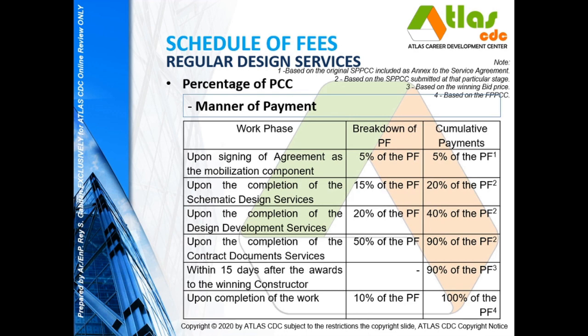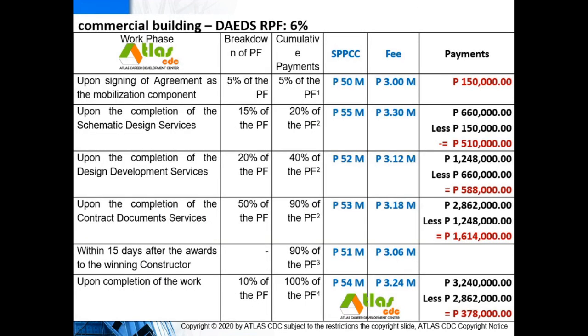So how do you do this computation for the cumulative payments? I'll give you an example. This is a commercial building wherein your RPF is 6% for the commercial building. Upon signing of the agreement, your computed construction cost is 50 million pesos for that building.